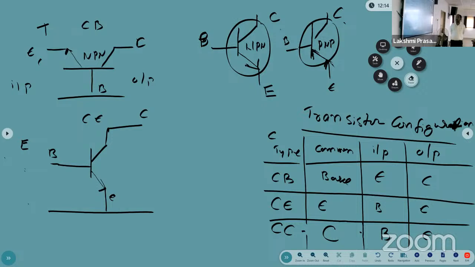Okay. Common base, common emitter, common collector. Now, I will take one construction diagram.